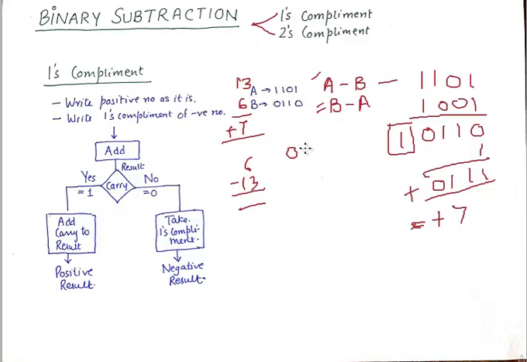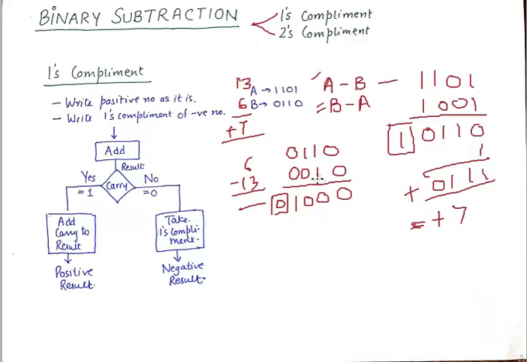And about A, we'll write its 1's complement, so it becomes 0 0 1 0, and we add. When we add this, we get a 0 here, then 1 and 1 gives 0 with a carry 1, 1 and 1 gives 0 with a carry 1, and the final carry is 0.